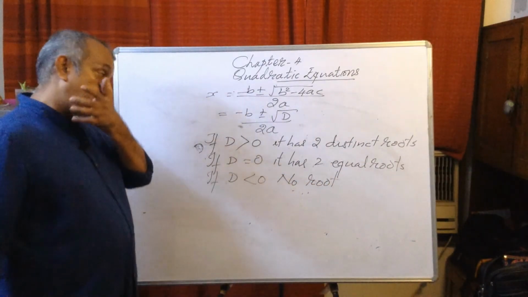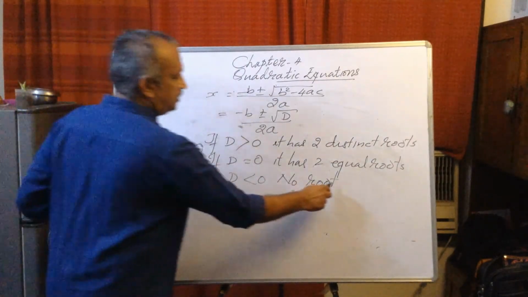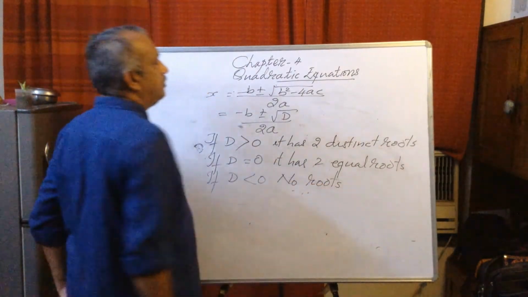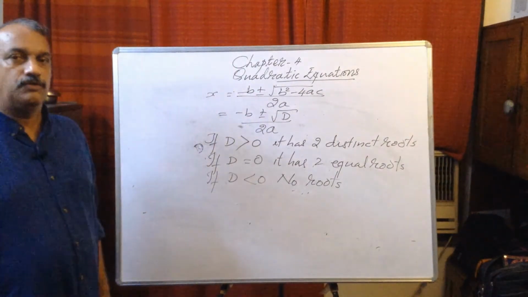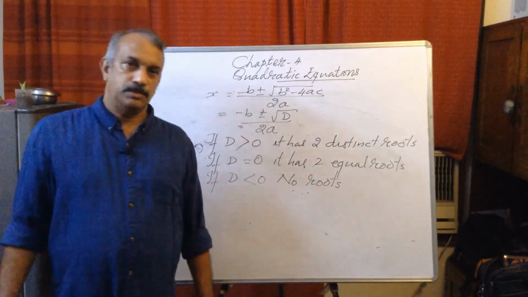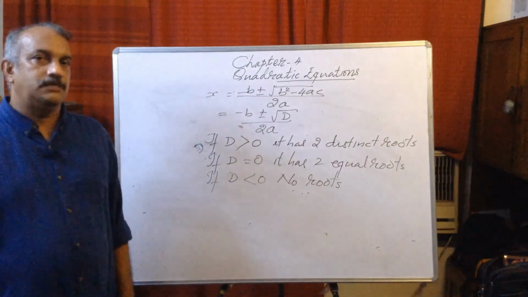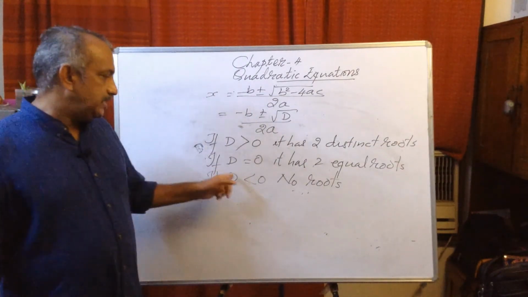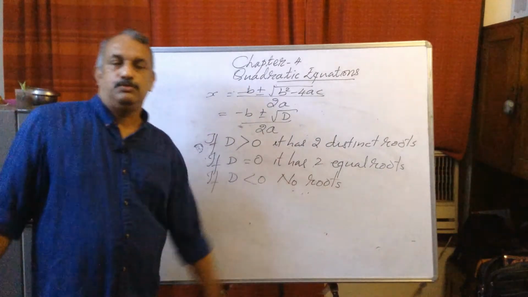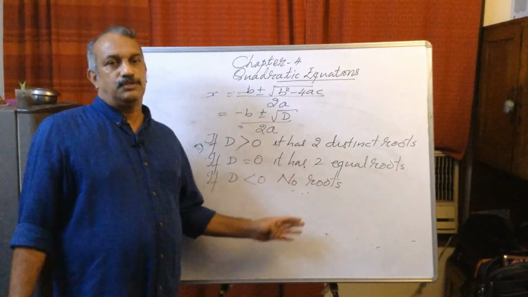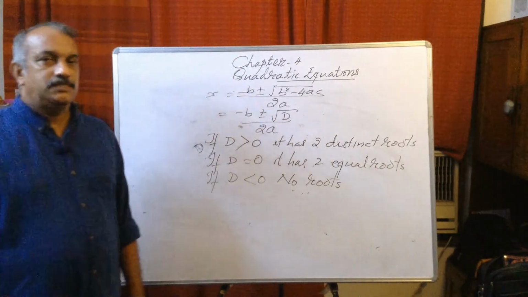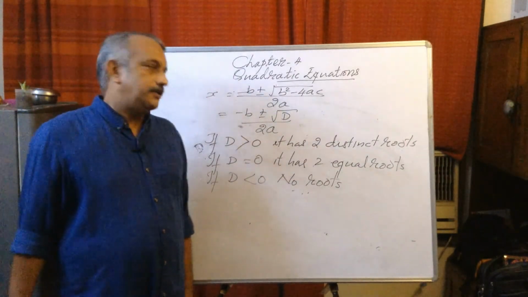It is because if D is less than 0, meaning negative, the square root of a negative number is not defined. Square root of minus 4 or square root of minus 16 we cannot find out. That is why if D is less than 0, no roots. So this D only decides the nature of roots of the quadratic equation. That's why D is called the discriminant.